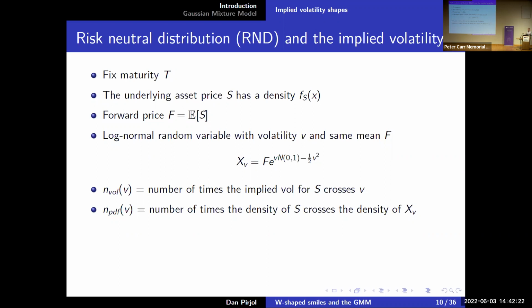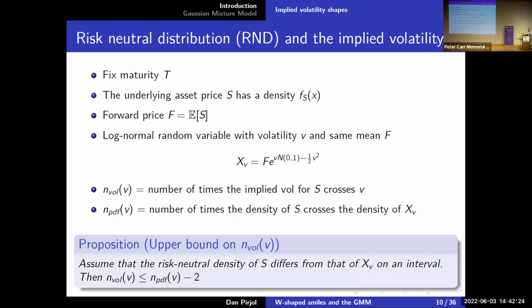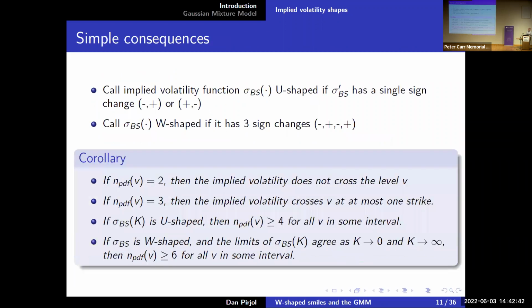And there's an inequality between these two numbers, which is an upper bound on the number of crossings of the smile. The number of crossings of the smile with a certain level is bounded from above by the number of crossings of the risk neutral density with the log normal density. So this is the upper bound.